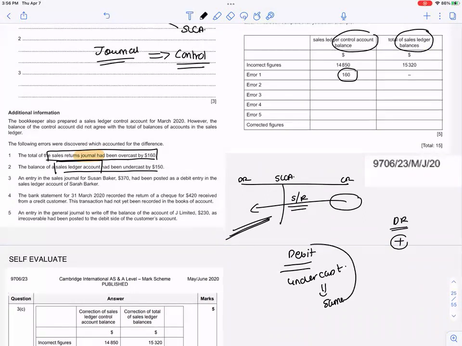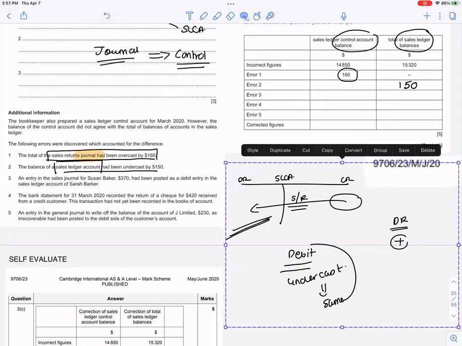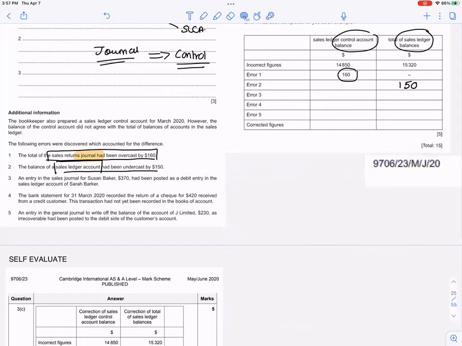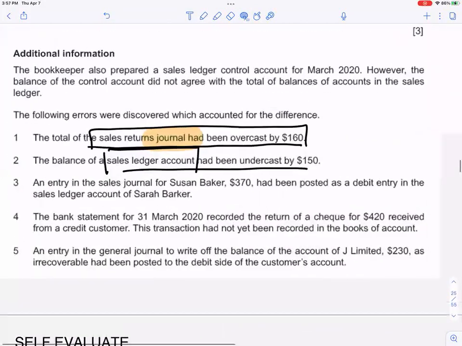If I have to do something on the debit side, add or minus? Add. Where will you add? In the sales ledger. Are you with me? Okay. Take time, read the third entry, analyze it, and tell me what has happened in the third entry.